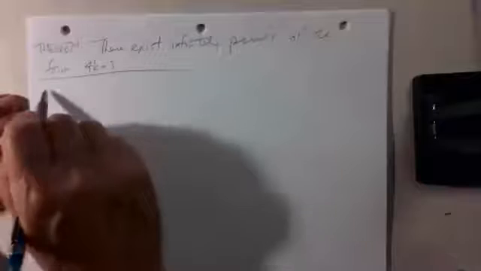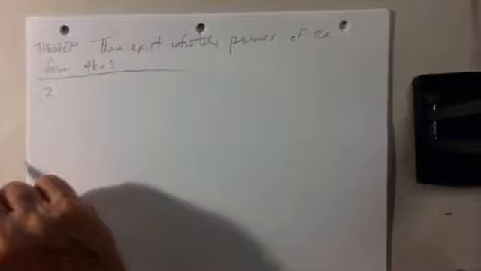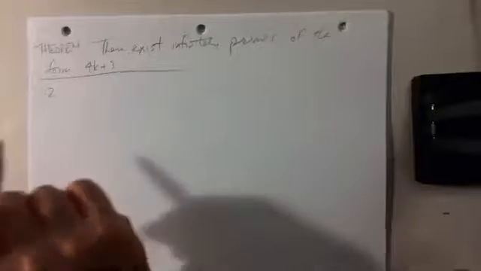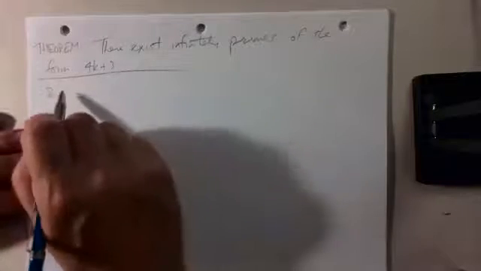Just to understand that a little more clearly, suppose we start to write out the primes. There's only one even prime, which is 2. And then every other prime has to be an odd number. If you take an odd number and divide it by 4, you get a remainder of 1 or 3.